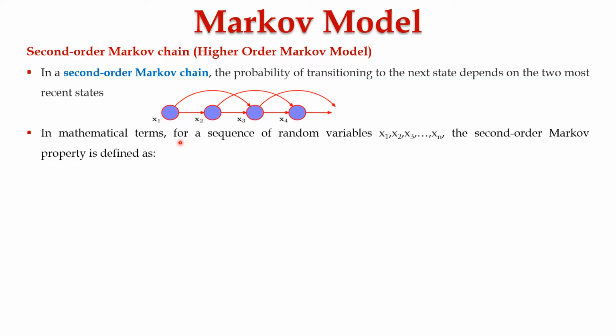So in mathematical terms, for the sequence of random variables x1, x2 up to xn, the second order Markov model property can be defined as probability of xn plus 1 given x1, x2 up to xn.